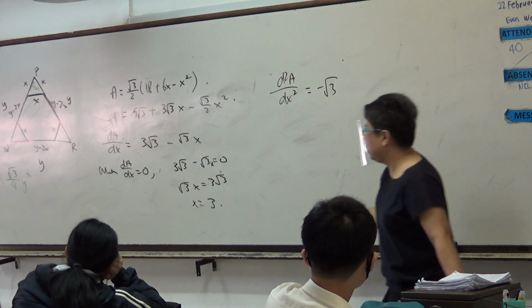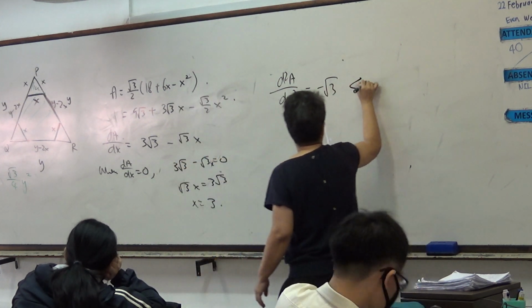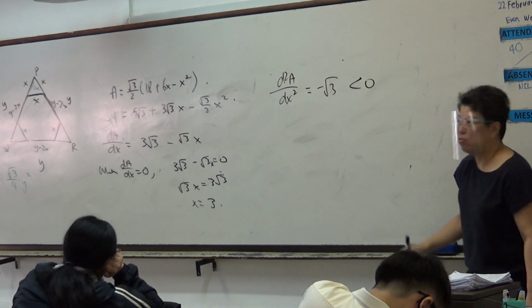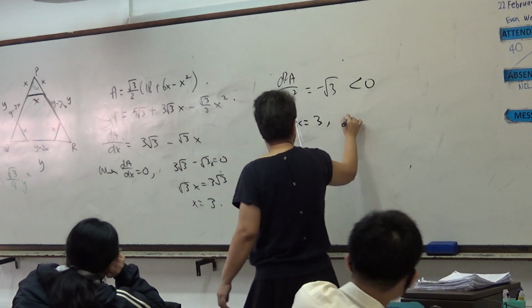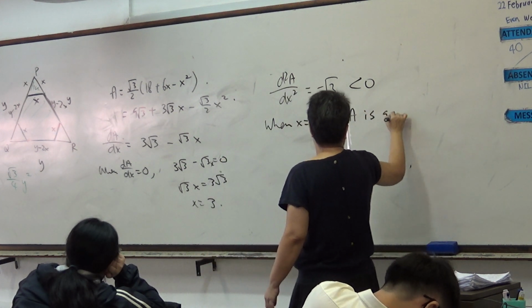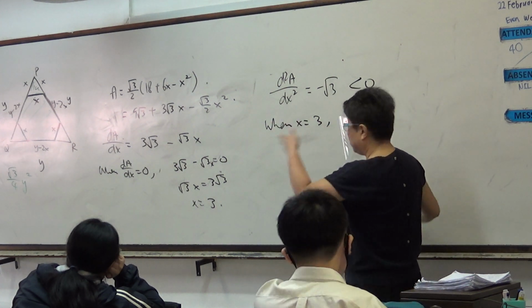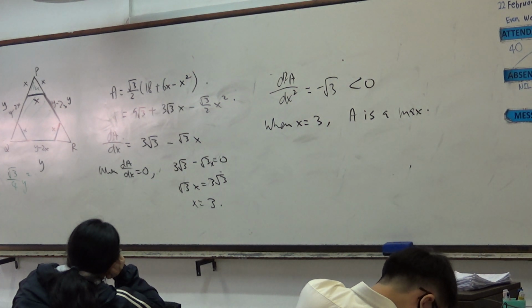If I differentiate this, this is 0, I only get negative root 3, right? Can you see this is confirmed less than 0? So, when x is 3, A is a maximum or minimum? Less than 0, yeah. It's a maximum. Correct now?